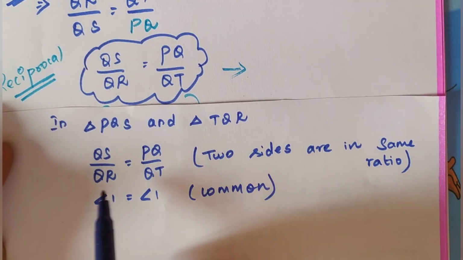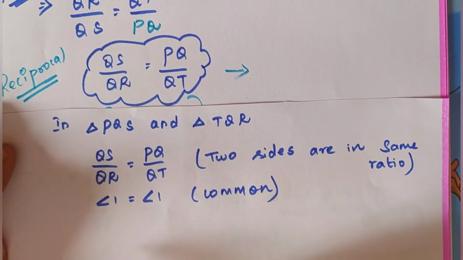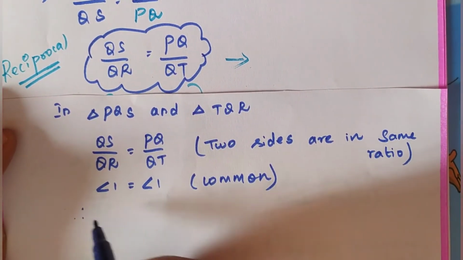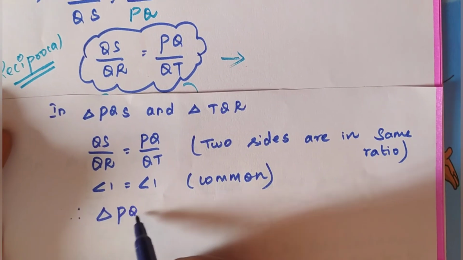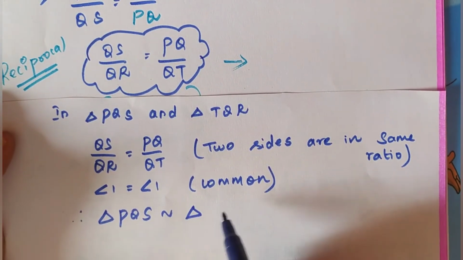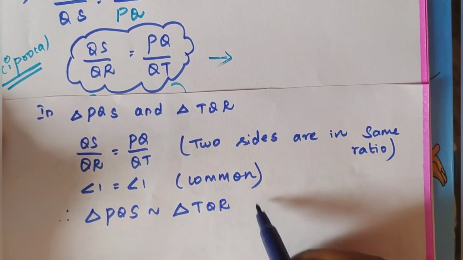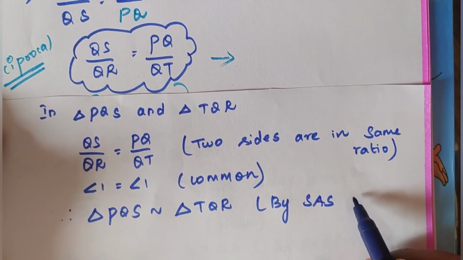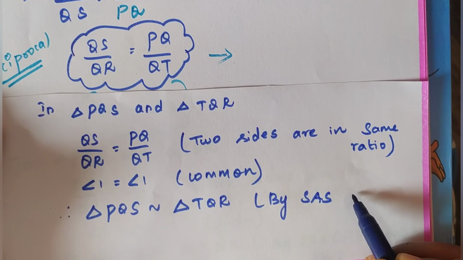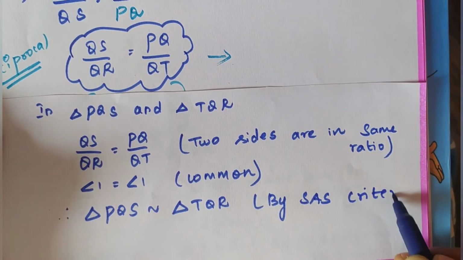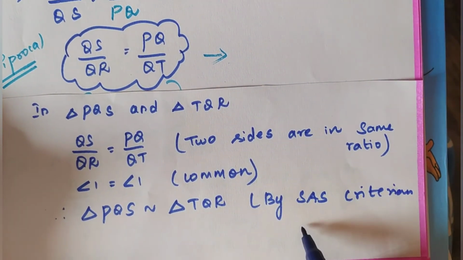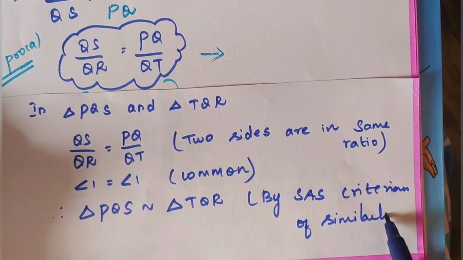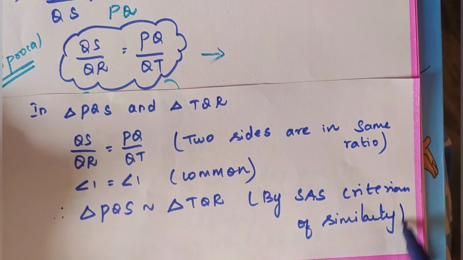So, the two sides are in same ratio and one angle is equal. Now, we can conclude that triangle PQS is similar to the triangle TQR by SAS criterion of similarity.